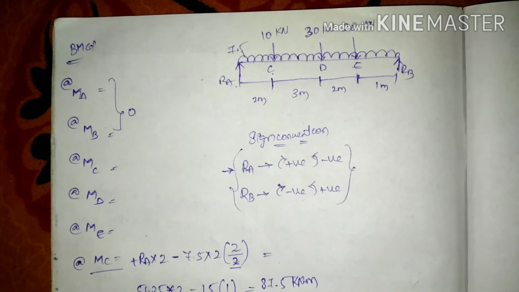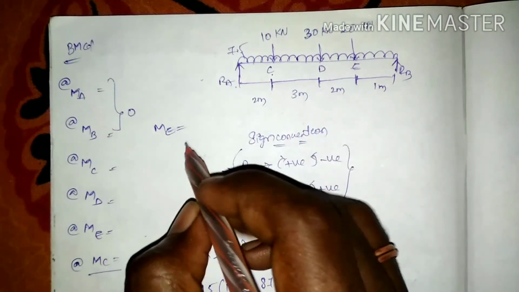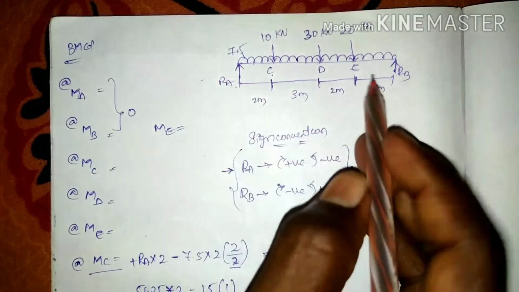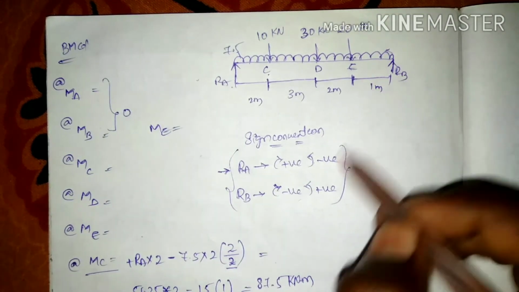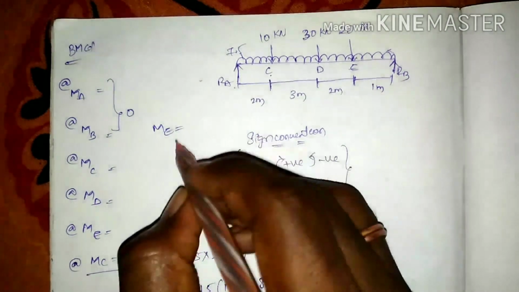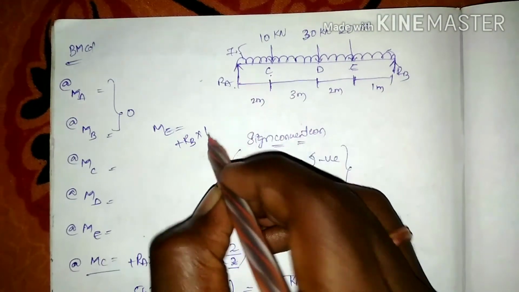and taking the moment about E from the RB side, RB acts in an anti-clockwise direction, so it is positive RB, the distance is 1 meter from RB.